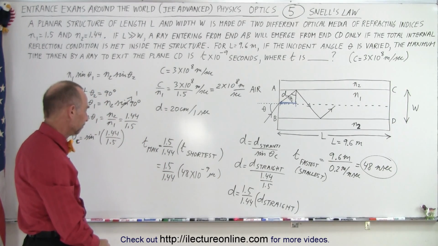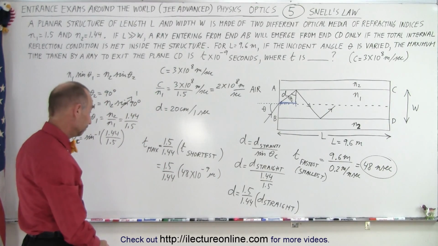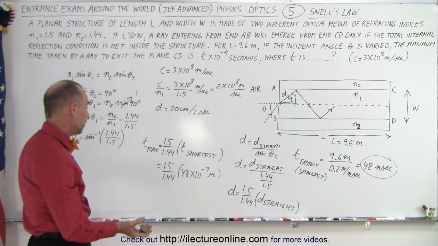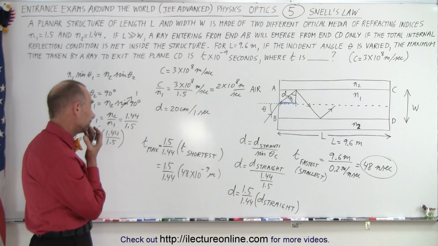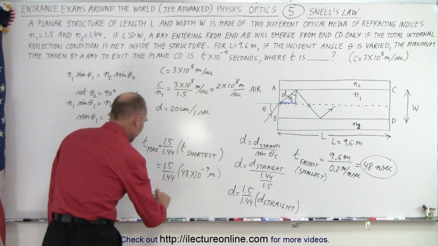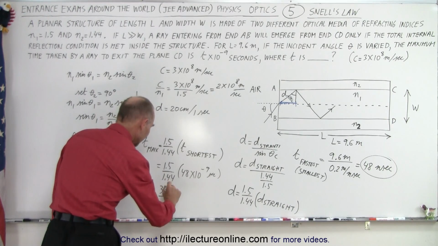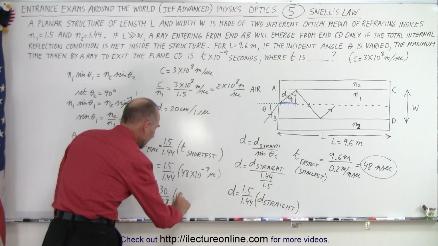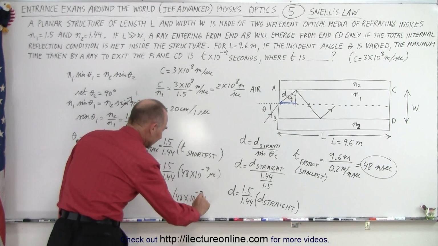Now, we have no calculator. 1.5 divided by 1.44: if I multiply both the top and the bottom by 20, that would be equal to 30 divided by 28.8 times 48 times 10 to the minus 9 seconds.